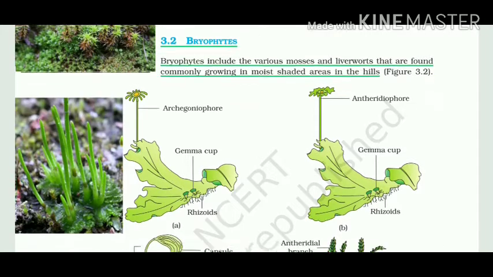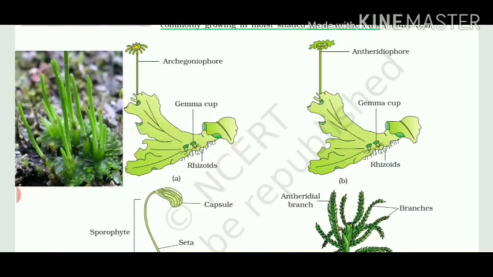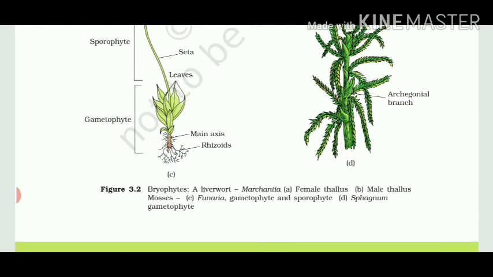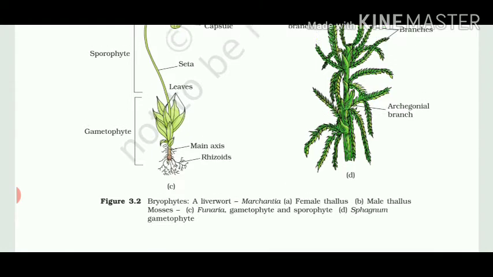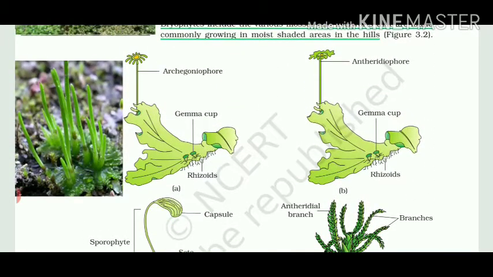In this diagram, which is given in your book, the first diagram is of Marchantia. Here it is written, it is a liverwort. Bryophytes are divided into two categories, liverworts and mosses. Marchantia is one of the common examples of the liverwort. Let's study it.